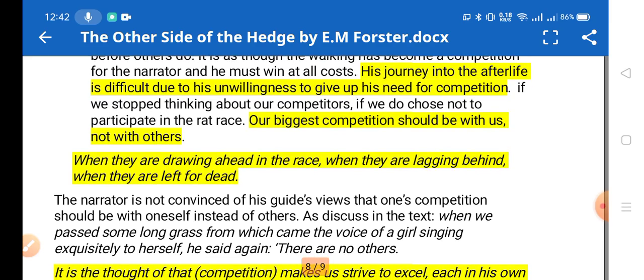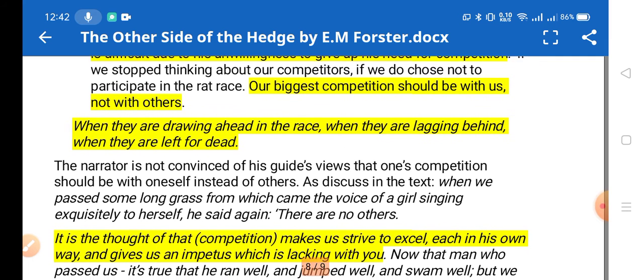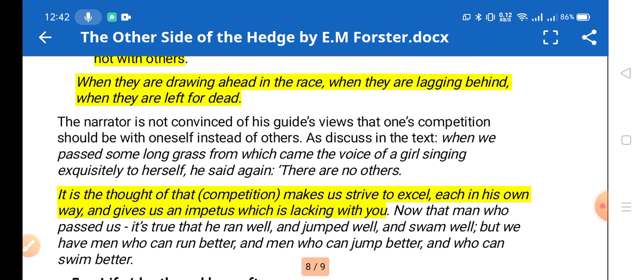And he narrates that if we stop thinking of our competitors, if we choose not to participate in the rat race, our biggest competition should be with ourselves, not with others. When they are driving ahead in the race, they are lagging. When they are lagging behind, they are left for dead. So it's a competition. The work of life has been discussed there.